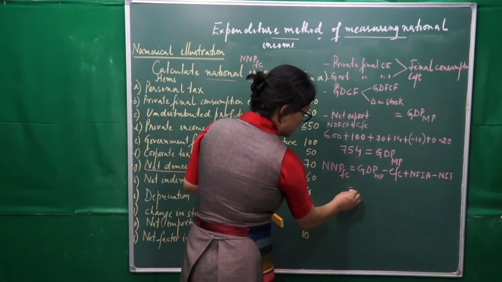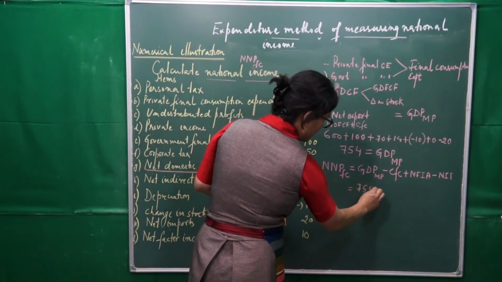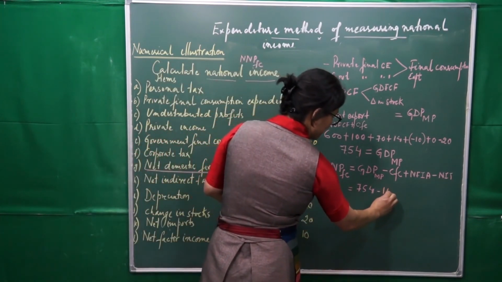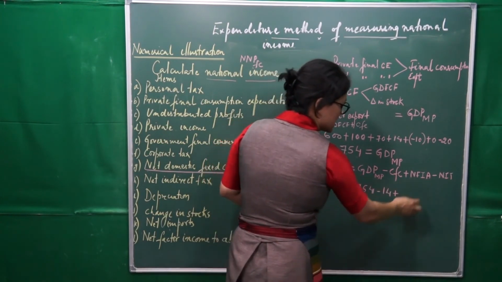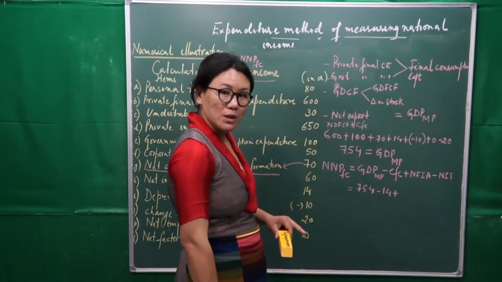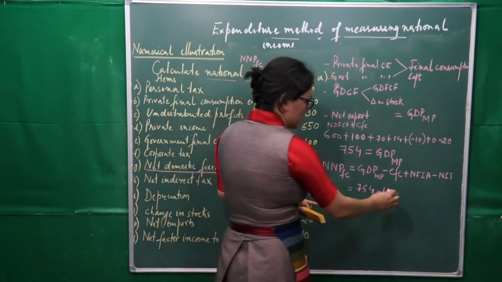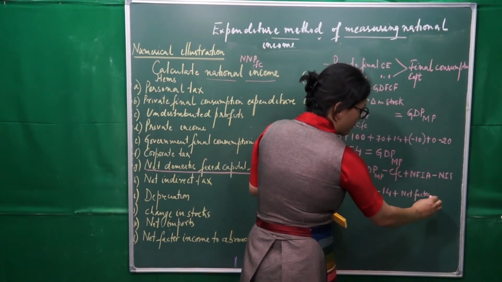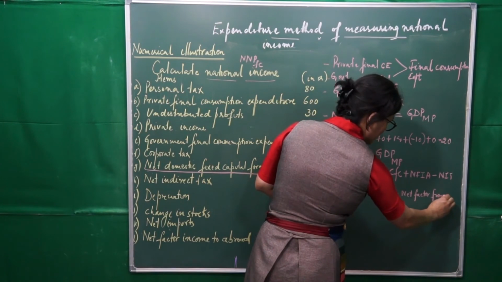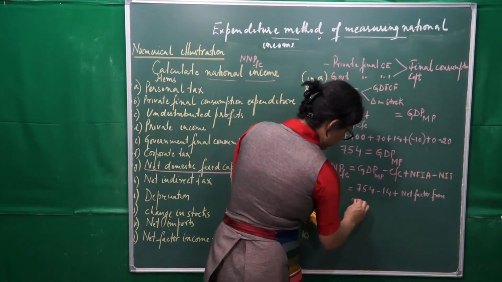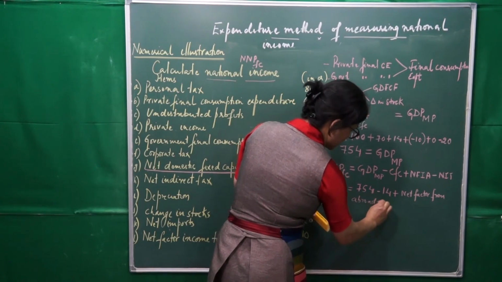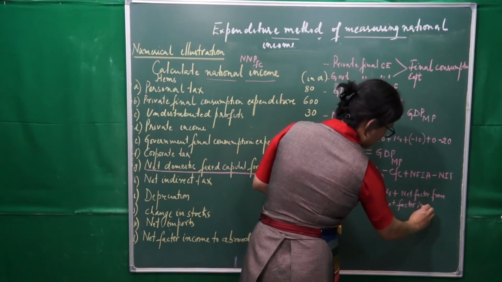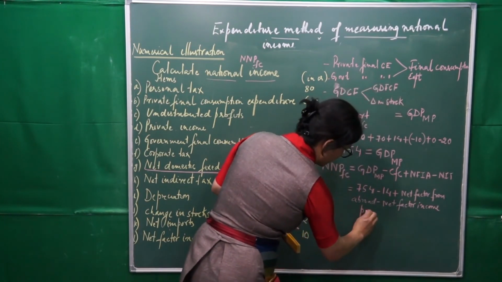So GDP at market price is 754 minus CFC is given 14 plus. Now this one comprises of two, right? NFIA is what? It is the difference between net factor income earned from abroad minus net factor income paid to abroad.